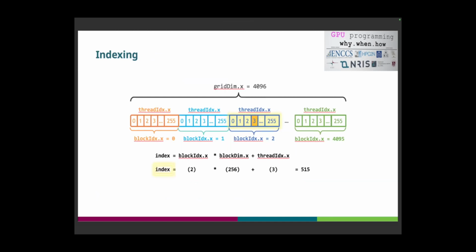So when you try to solve a problem, you create a grid of threads, lots of threads. For example, here we have a problem size of 4096. So we need to assign to each thread a specific part of the data.